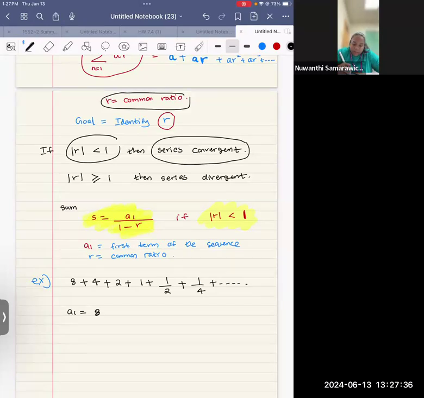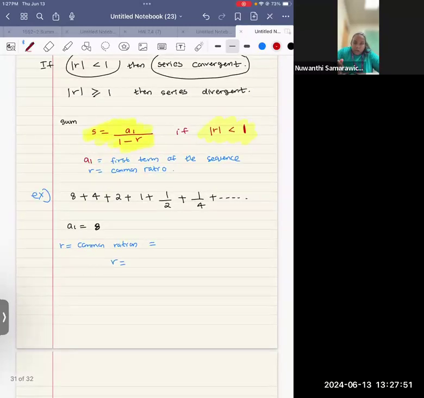So the first term is 8. Now we need to know the common ratio, R. How to find the common ratio? Yes, good, Micah. You can divide A2 by A1. The second term is 4, and 4 divided by 8 is half, or 0.5.